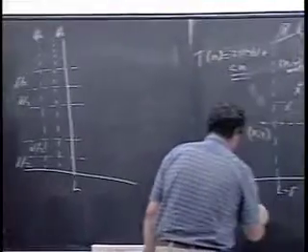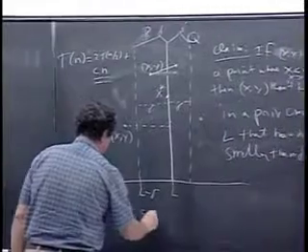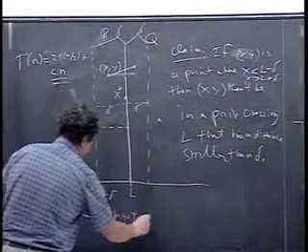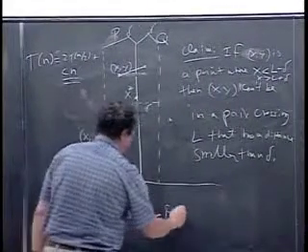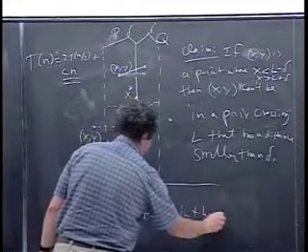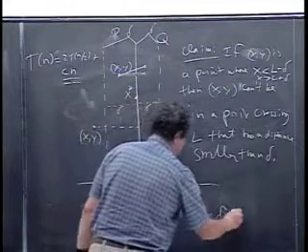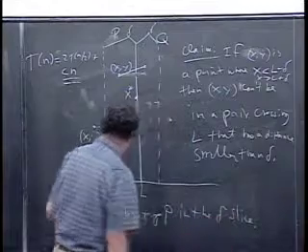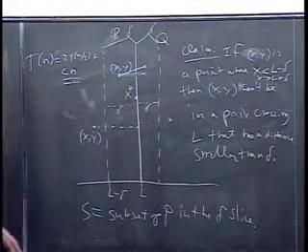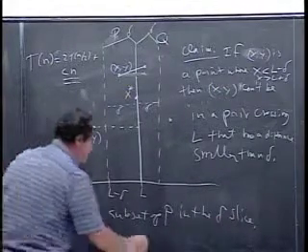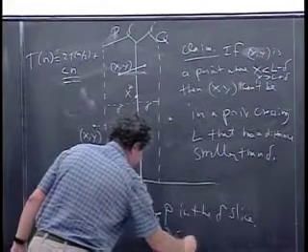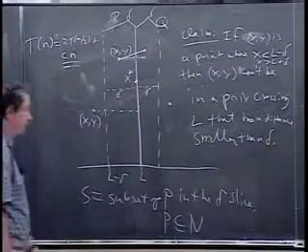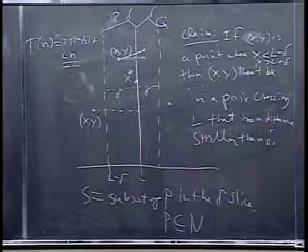So S equals the subset of P in the delta slice. So S is the set of points. And P, of course, itself was a subset of capital N. Capital N was the whole set of points.